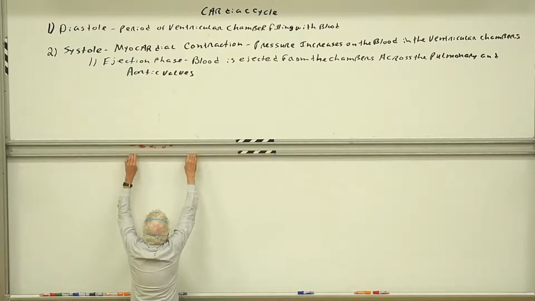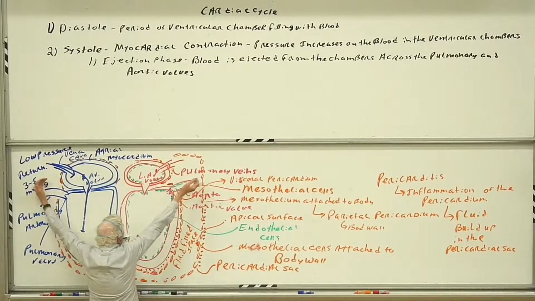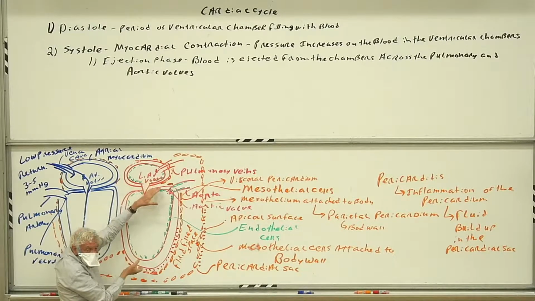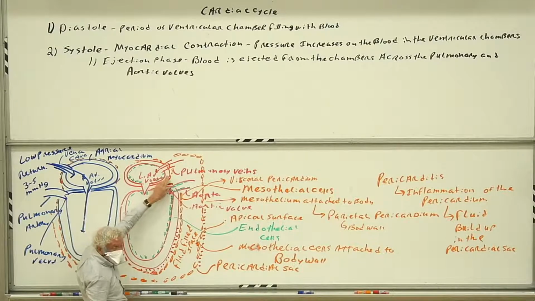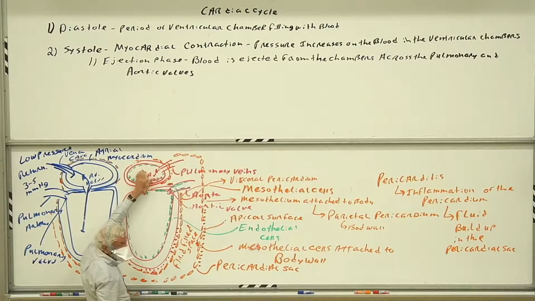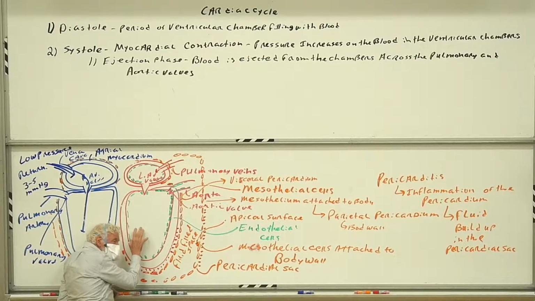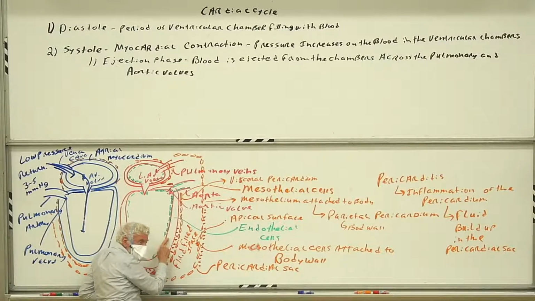So if we come back here again, diastole is when the blood comes in. We come to the end of diastole, we've filled the chambers. We'll see at the very end of diastole there's going to be contraction of the atrial myocardium that will give the final squirt of blood from the atria into the ventricles. But when the filling phase ends, we begin to invoke contraction of the myocardium.